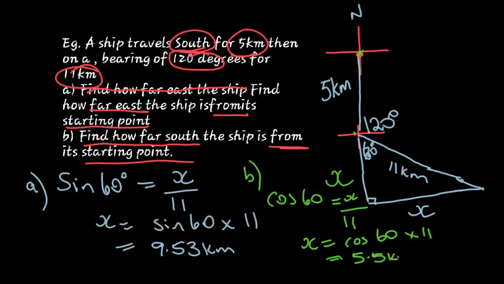So the question asked how far it is south from its starting point. So we now need to add that 5.5 to our 5 kilometres and write our statement. So therefore, the ship is 10.5 kilometres south from its starting position. Okay.